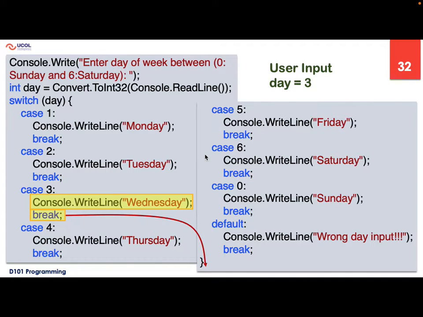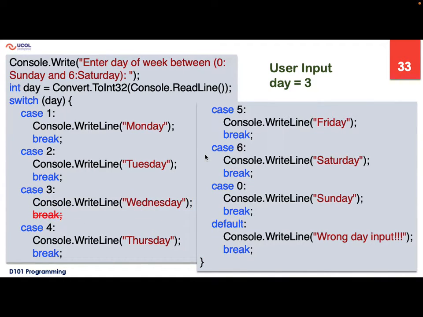No more journey. So here break means that no more statements are going to be executed within this structure, and that structure is the switch. Even if you put a break in an if statement, it will come out of the if structure. If it is a switch structure, it will come out of the switch structure.